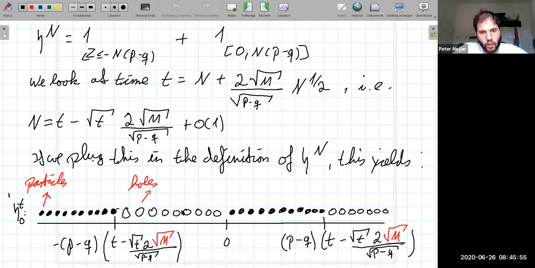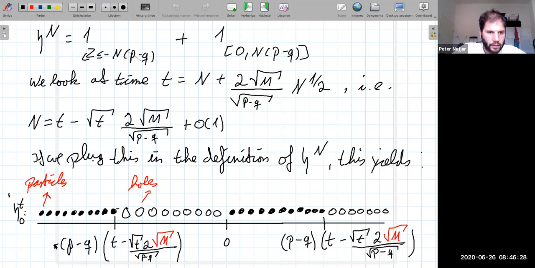Then you have a region of holes, which goes until the origin. And then you have yet another region of particles, which goes from the origin to the point (p minus q) times t minus square root of m times square root of t times 2 divided by square root of p minus q. And in this rewriting, I hope it becomes clearer what this parameter m actually does.